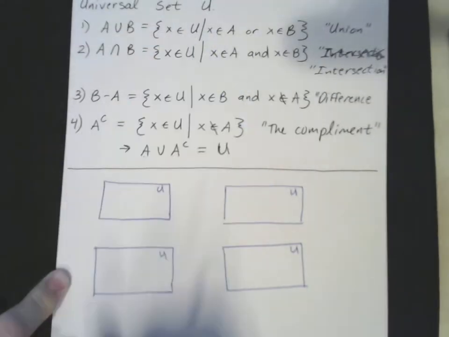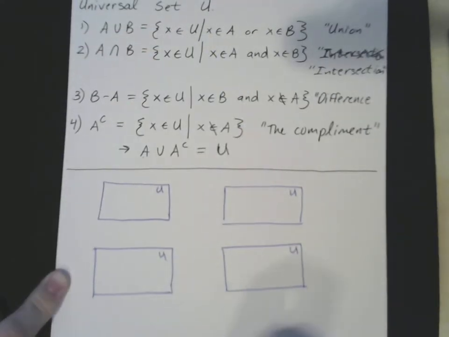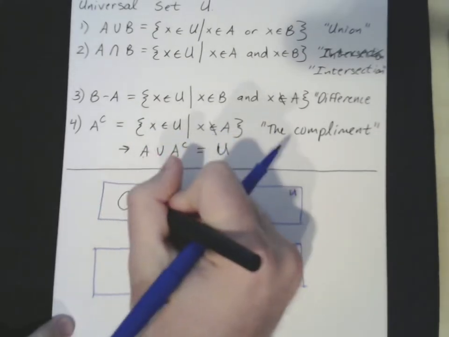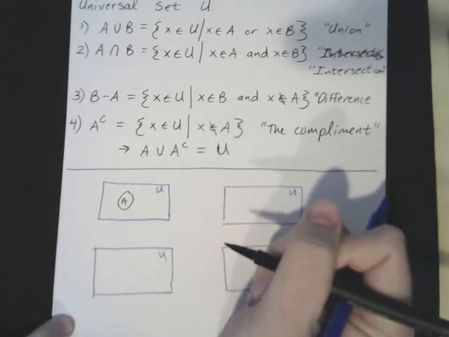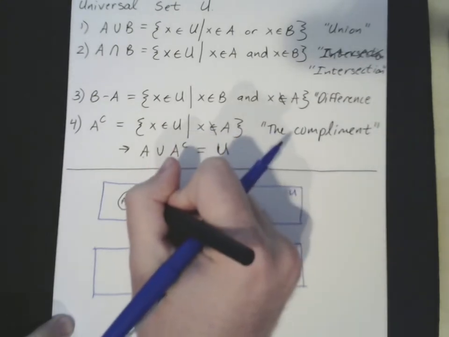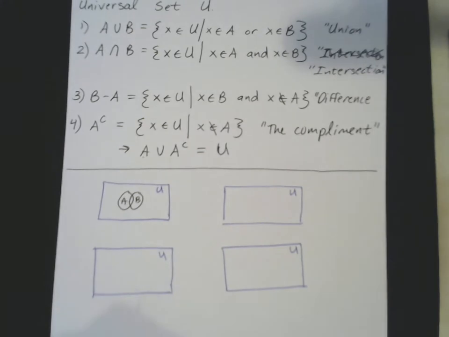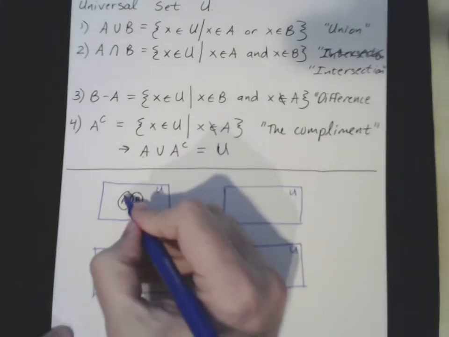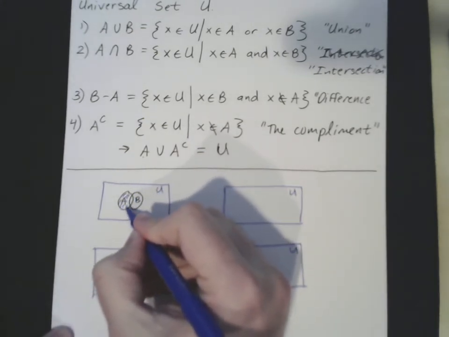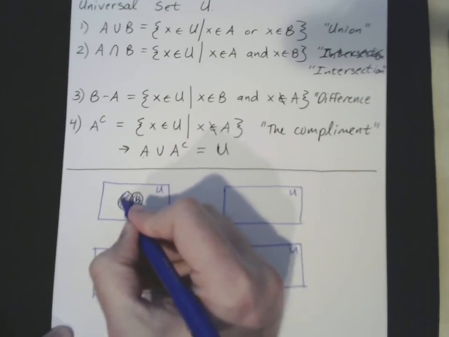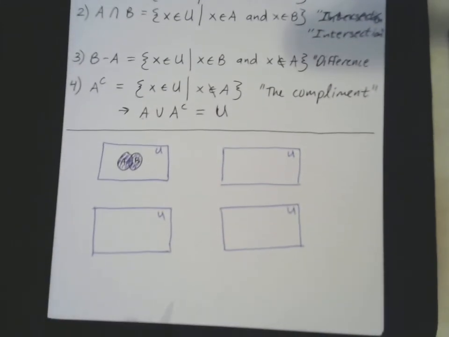So let's start with A union B. So we have A and we have B. So A union B is everything that's in both. That's the union. Stuff in A and stuff in B.